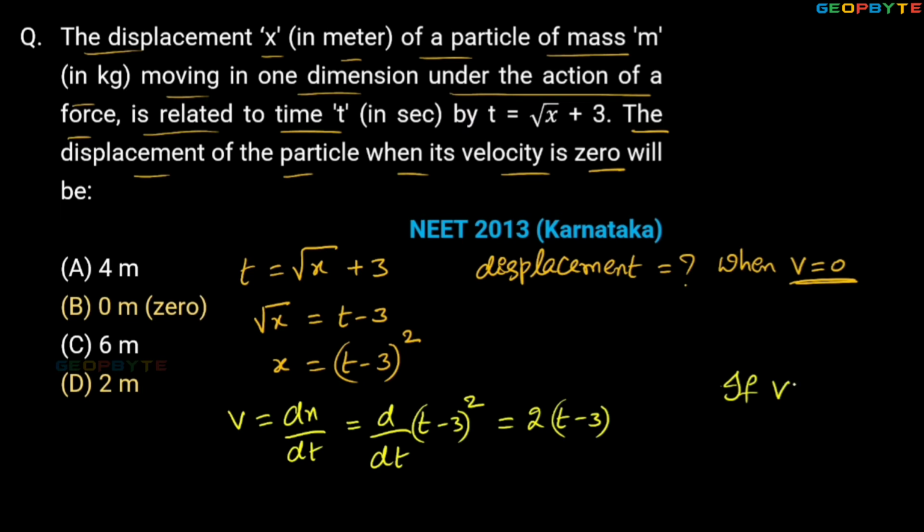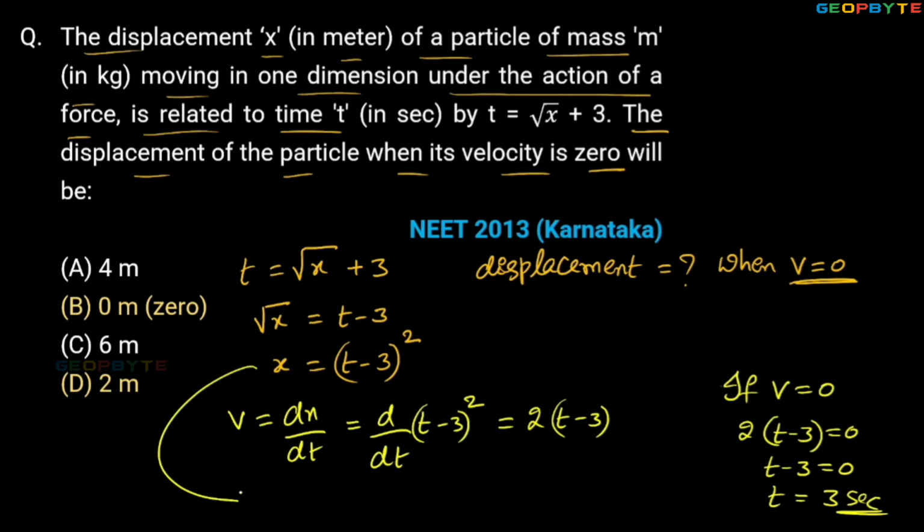If velocity is 0, then 2 into t minus 3 equal to 0, t minus 3 equal to 0, t equal to 3 seconds. That means after 3 seconds, the velocity is 0. Then let us decide the displacement x from this. At t equal to 3, x equals 3 minus 3 whole square. 3 minus 3 is 0. That means displacement is 0 when velocity becomes 0.